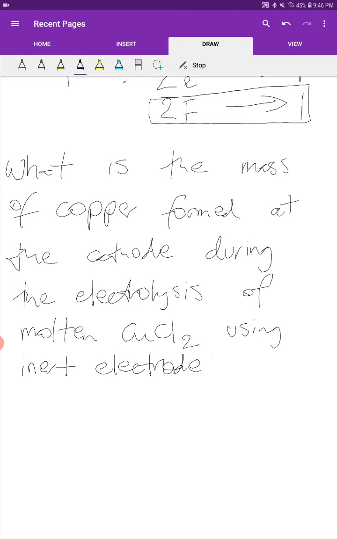Remember your inert electrodes, graphite or platinum electrodes.